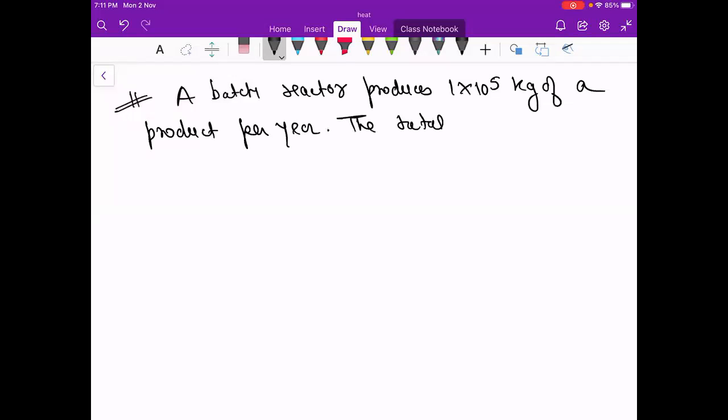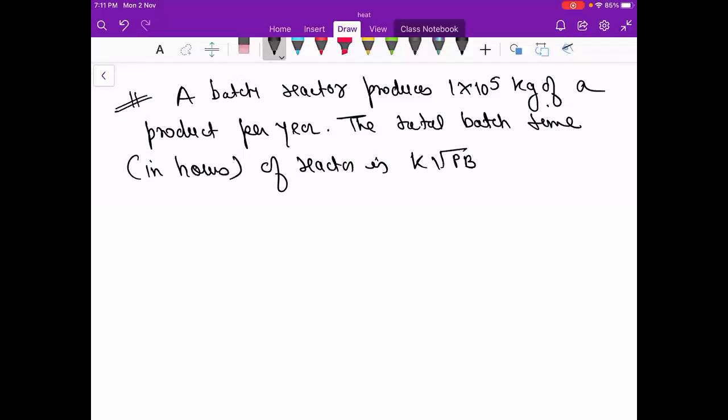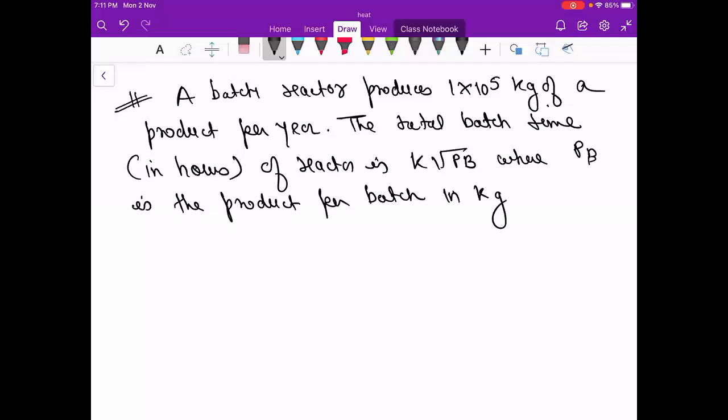The total batch time in hours of the reactor is k√(pb), where pb is the product per batch in kg and k equals 1 h/√kg.